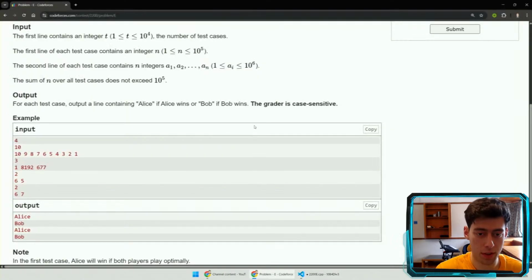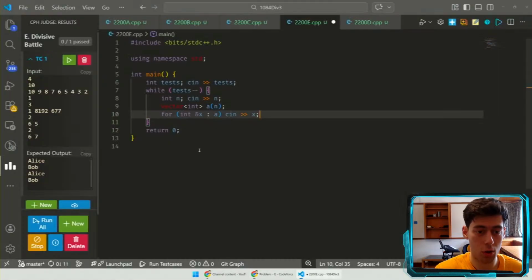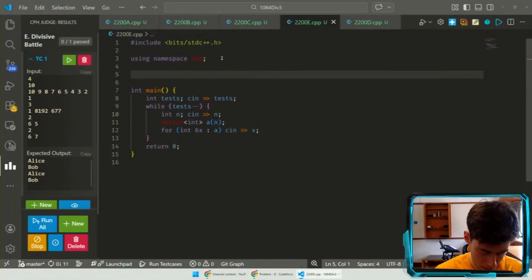So these numbers are up to 10 to the 6. So first, I'm just going to write a quick prime factorizer, sieve of Eratosthenes, although I won't call it that.